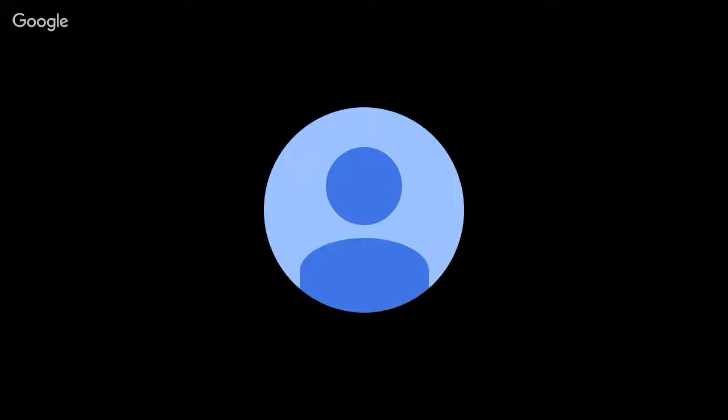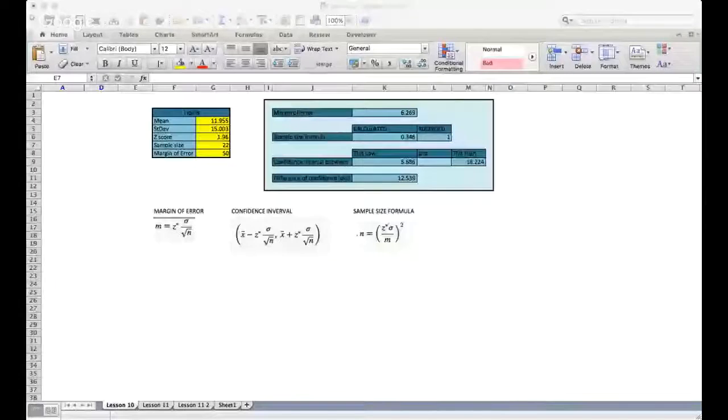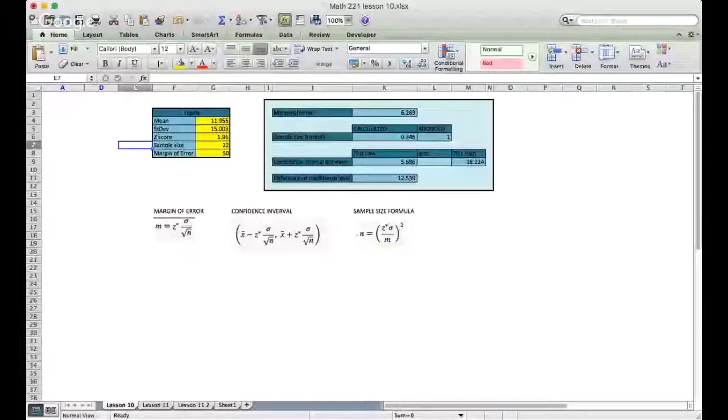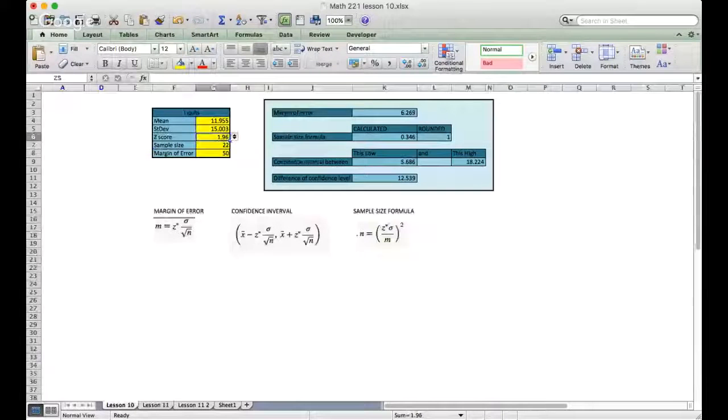Okay, here, no. You're missing an important thing. Let me share this screen with you again. If you remember from chapter 10, you had different confidence levels. For example, if you wanted a 90% confidence level, you would put in 1.645.